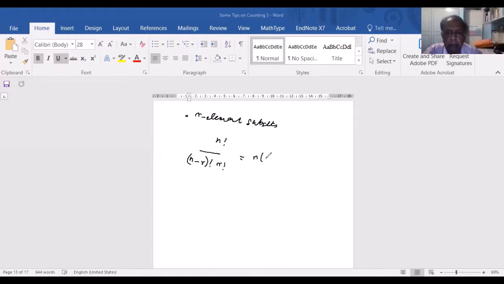It's a much better way of doing this. You have r factors at the top, and then at the bottom it's 1 times 2 times 3, r factors at the bottom, but that's r factorial.